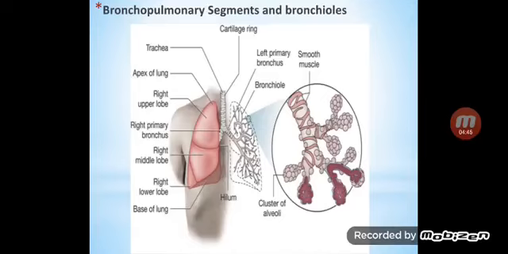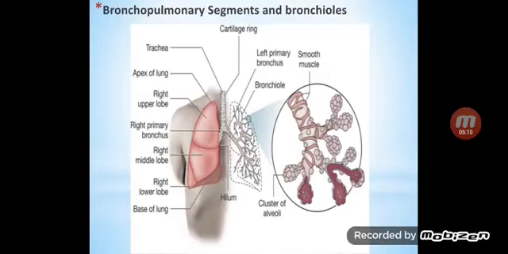Bronchioles are different from the bronchi. How is that? Bronchioles are less than 1 millimeter in diameter. Not only the size, but their walls lack cartilage.